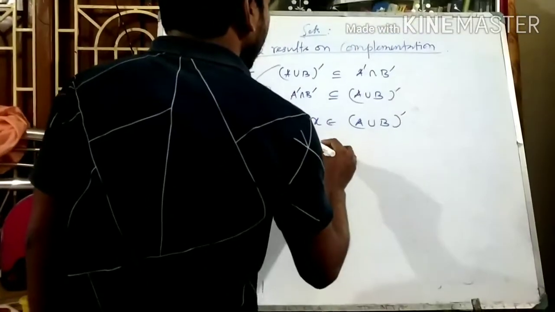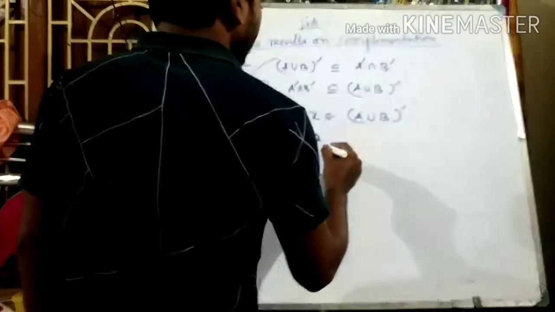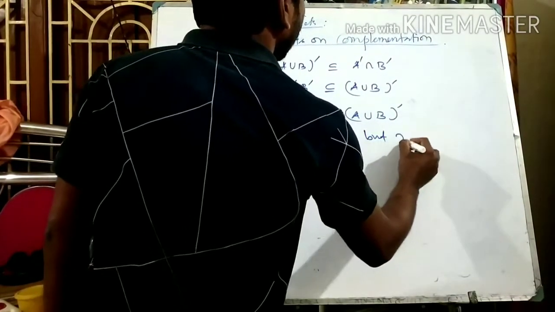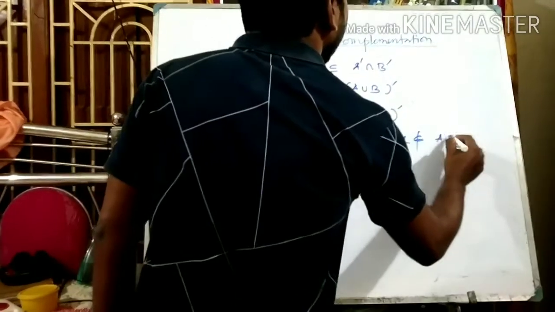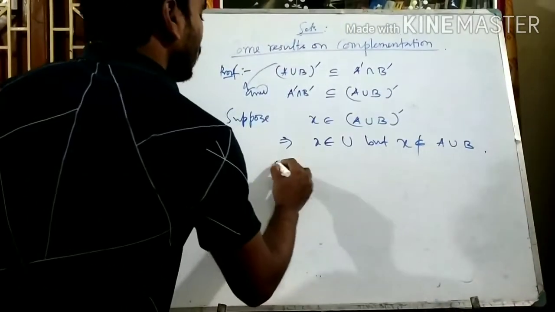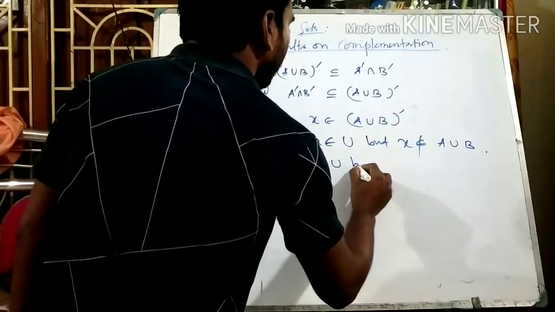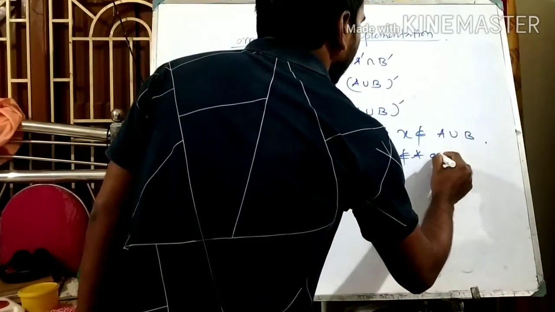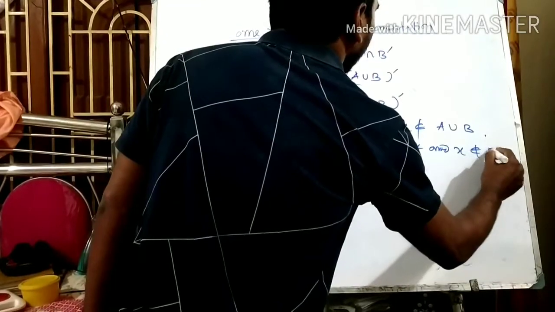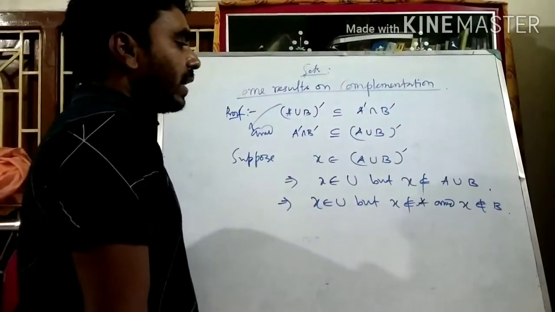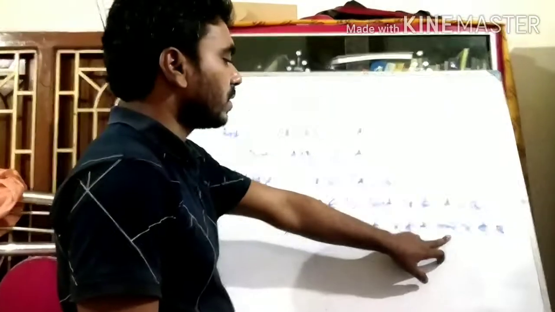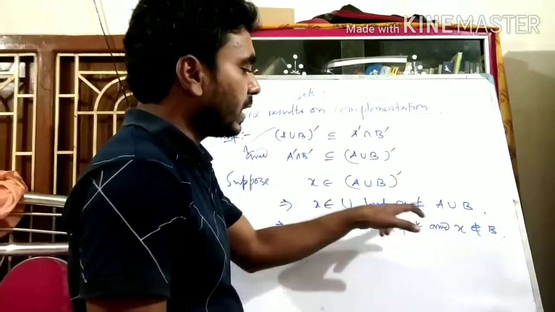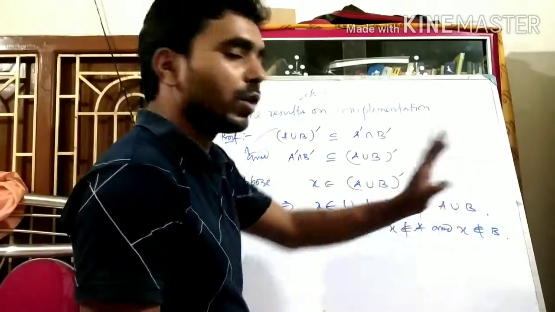So this implies X belongs to U but does not belong to A union B. So this implies X belongs to U but X does not belong to A and X does not belong to B. Here we have put AND because since X does not belong to A union B, that means X does not belong to any one of these two sets.